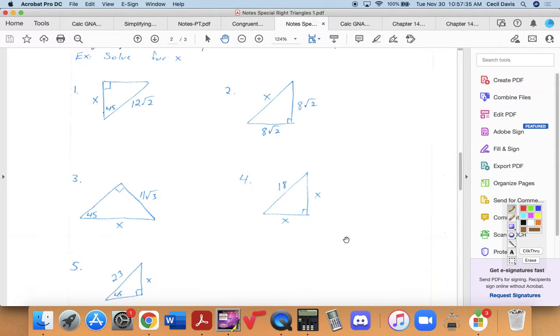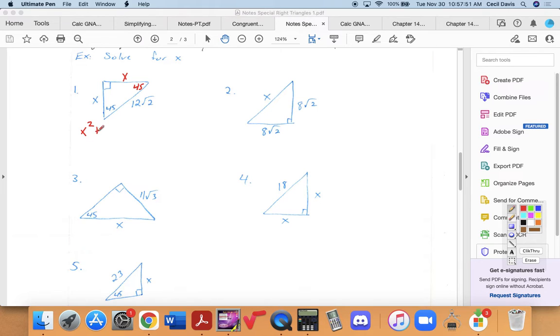So, for example, on number 1 here, if I was going to do the Pythagorean theorem, I would have to go, okay, since that's 45 and that's 90, this is 45, which would mean that this would be x. And I would have to do x squared plus x squared is equal to 12 square roots of 2 squared, which isn't horrible. You can do it, but why would you spend the time?